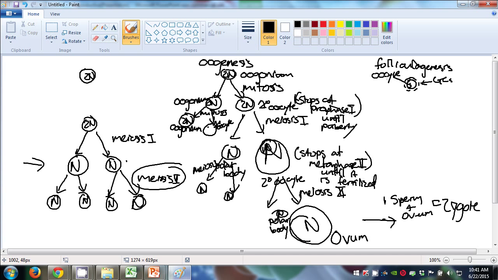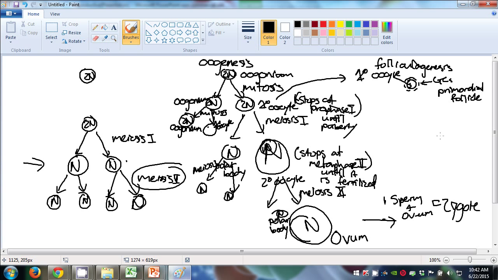This is the primary oocyte. This primary oocyte that we've been talking about is at this point in time. Most of them are going to remain at this point in time, meaning that a lot of them are going to be this primordial follicle here. Primordial follicle.